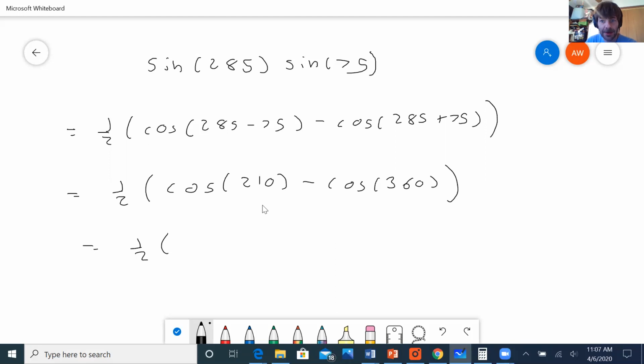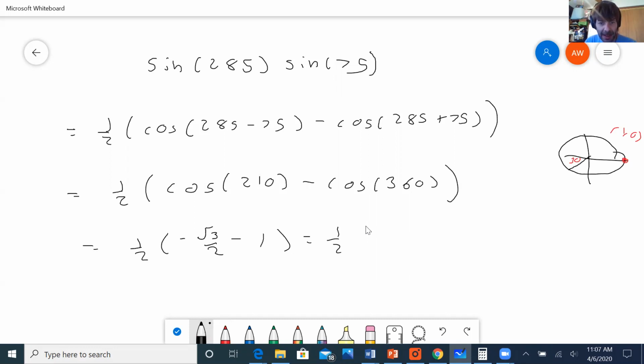Cosine 210 is over here, with this guy being a 30-degree angle. So the cosine is going to be -√3 over 2. And the cosine of 360 sticks me back here, so that's 1, 0, and my cosine is just 1.